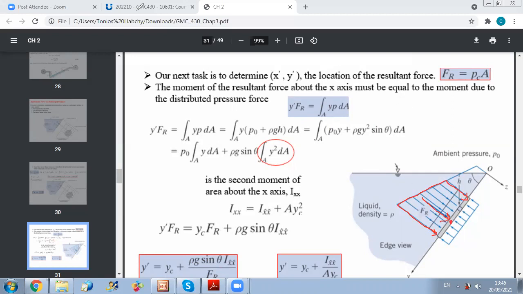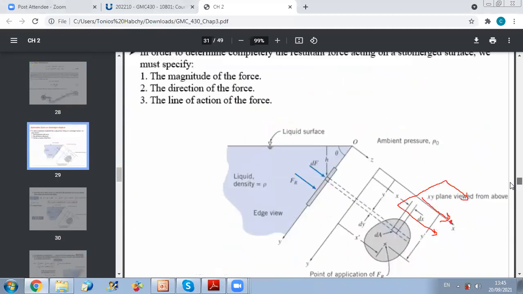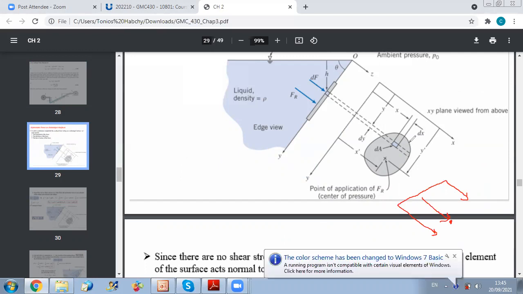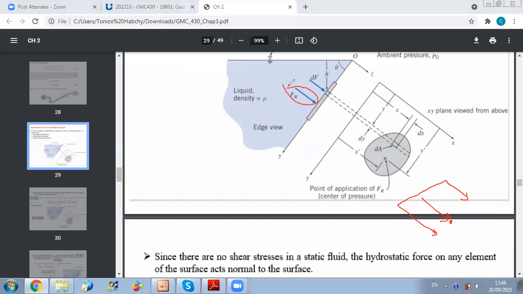And since here you have for your surface, if you go back to this figure, okay, your pressure distribution is producing moments about two axes. Your resultant force Fr is along Z, perpendicular to your surface. So it can produce a moment about X and it can produce a moment about Y.